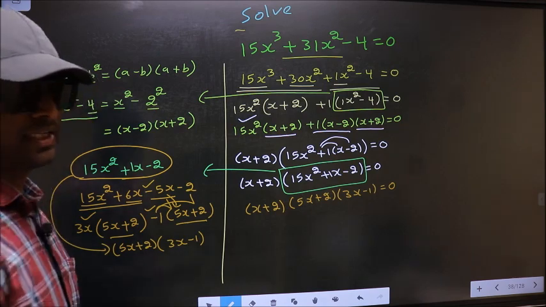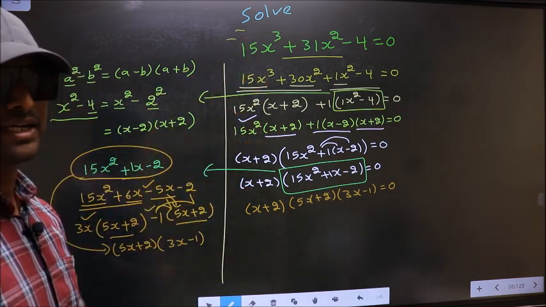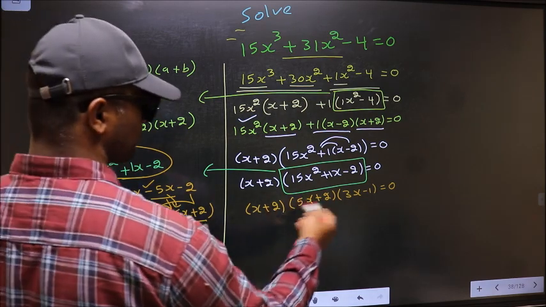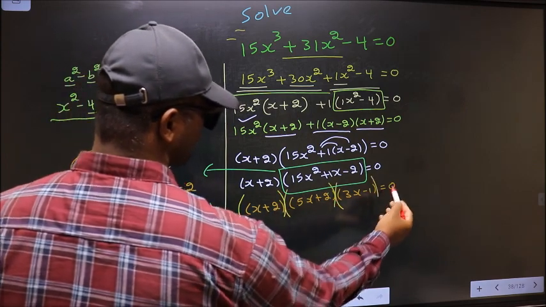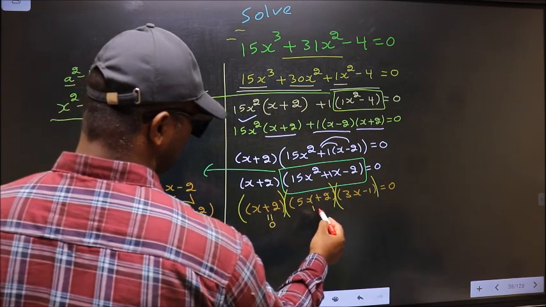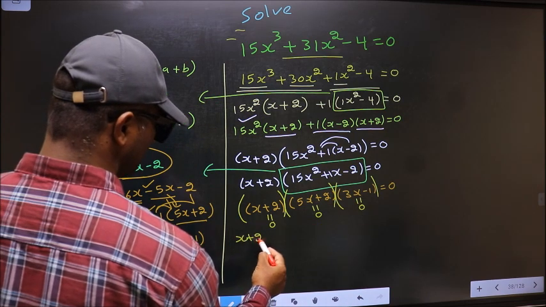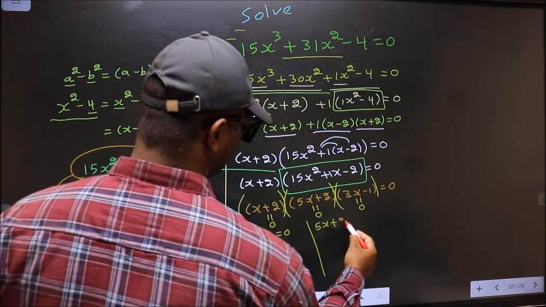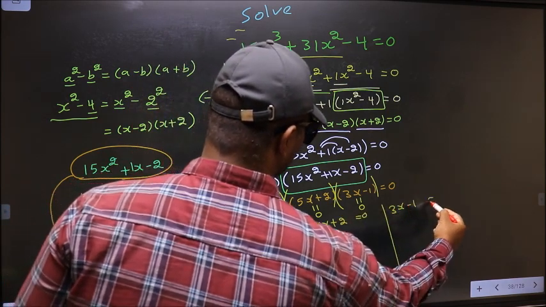Here they told us to solve, which means we should get the values of x, and over here we got product of brackets equal to 0. So to get x values, we should equate each bracket to 0. That is x plus 2 equal to 0, 5x plus 2 equal to 0, 3x minus 1 equal to 0.